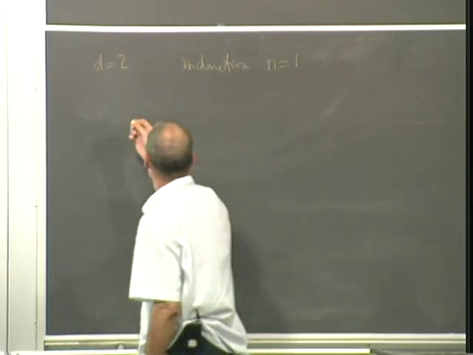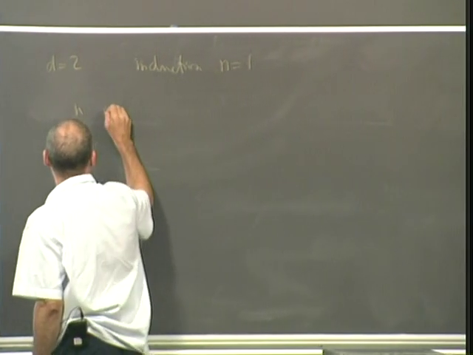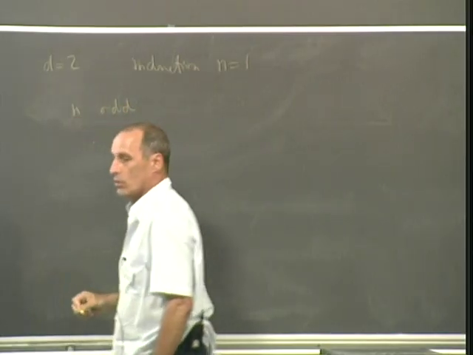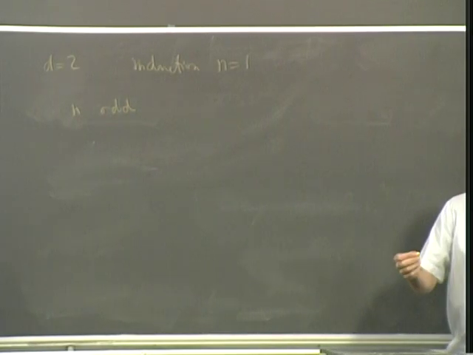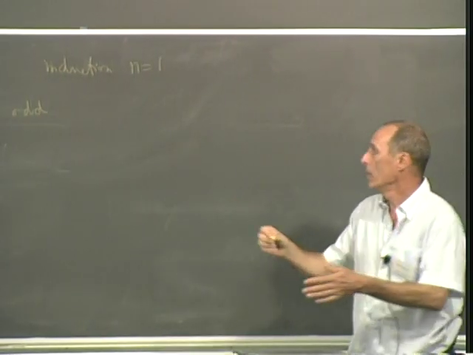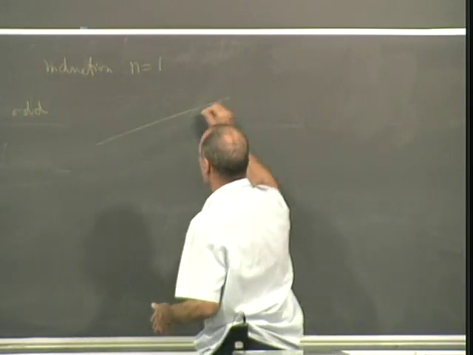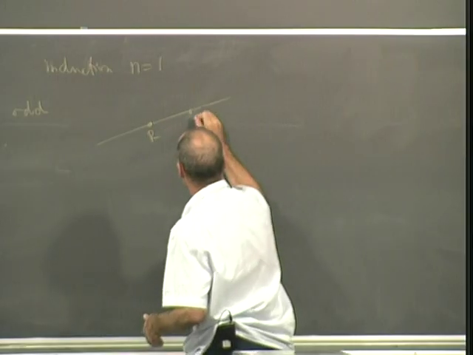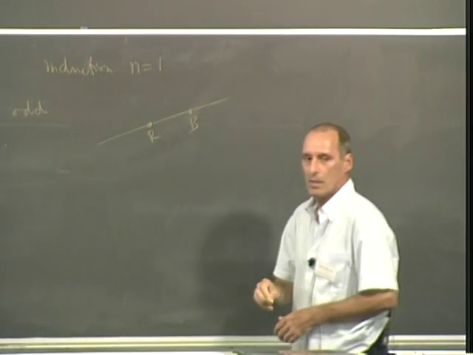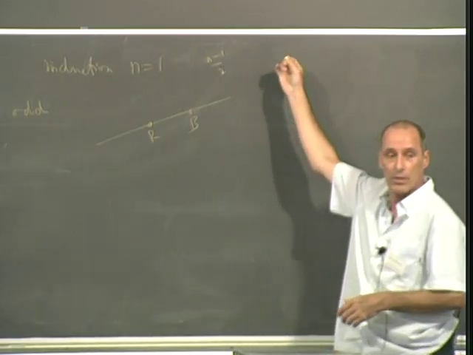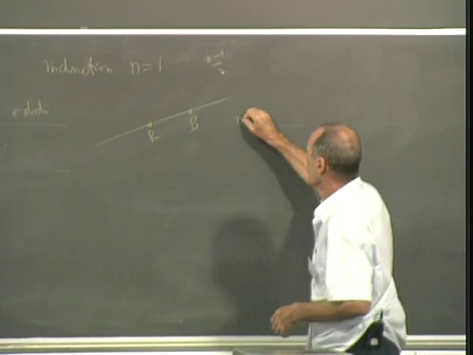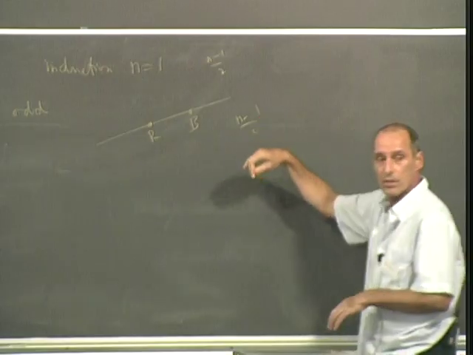Then if n is odd, you use a ham sandwich cut for the red points and the blue points. Then you get a line in the plane, a red point here and a blue point here, and (n minus 1) over 2 red and blue points on this side, and (n minus 1) over 2 red and blue points on this side.